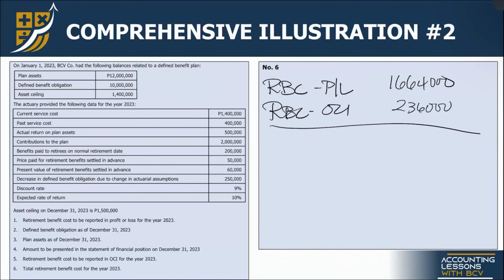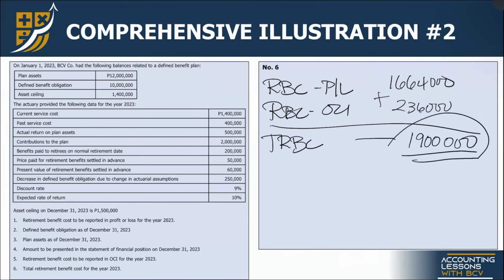Net gain or loss? Loss. So, add siya. So, magkano ang total retirement benefit cost natin? Answer is 1.9 million. And that is the answer for number 6.